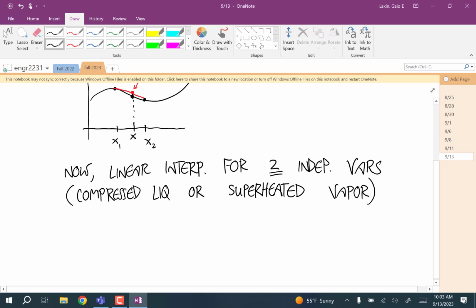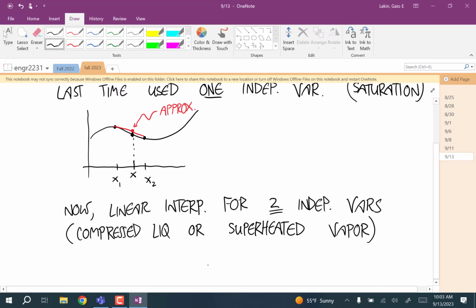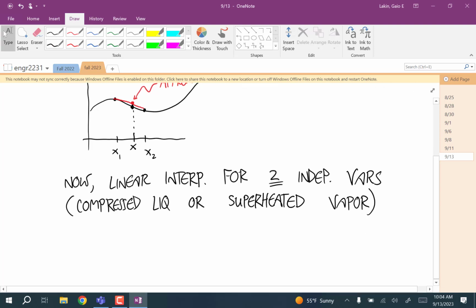There are cases, by the way, and sometimes I'll cook these up in problems because it saves some time on tests, where I'll ask you for something at a pressure of 5 megapascals and a temperature of 67 degrees. And maybe in the table, 5 megapascals just happens to fall right on the pressures that they give. And so even though it's depending on two variables, you'll only have to do one interpolation. But in general, you need two independent variables when you're not at saturation.